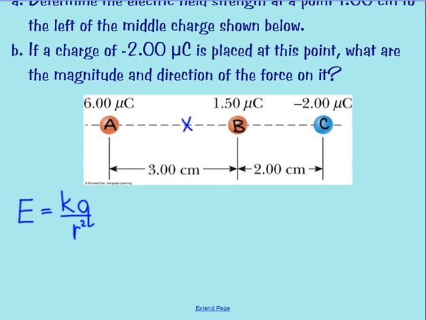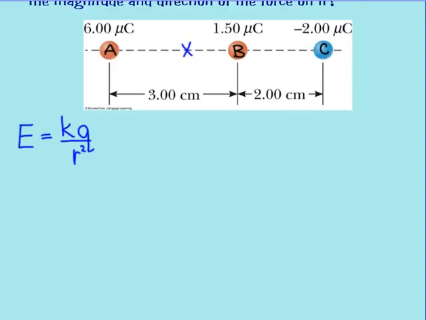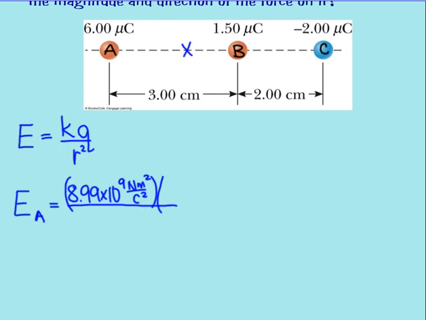So for example, looking at the field created by A, which I'll call EA, we have K, or 8.99 times 10 to the 9th newton meters squared per coulomb squared, times the Q of A, which is 6 microcoulombs, or 6 times 10 to the negative 6th coulombs.